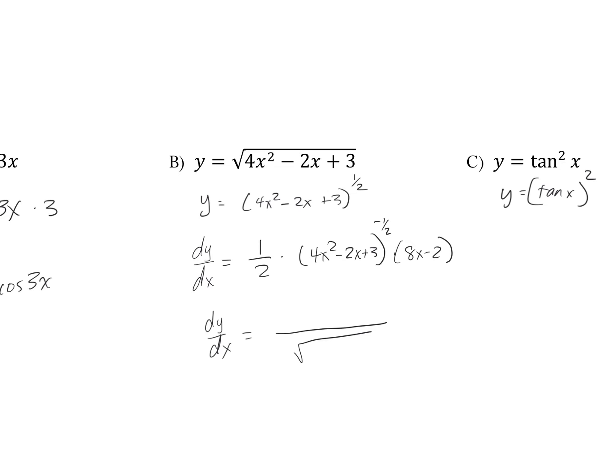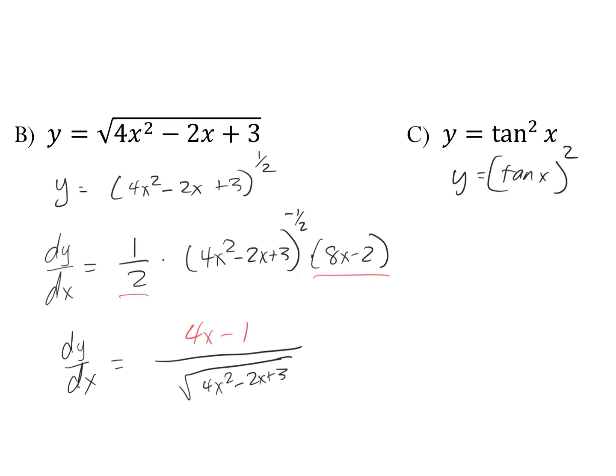Since it's to the negative 1/2, I would put that 4x squared minus 2x plus 3 on the bottom and underneath the square root sign. And then I would take the 1/2 and the 8x minus 2 and call that 4x minus 1. What do we think? Chain rule's fun? Not so much?